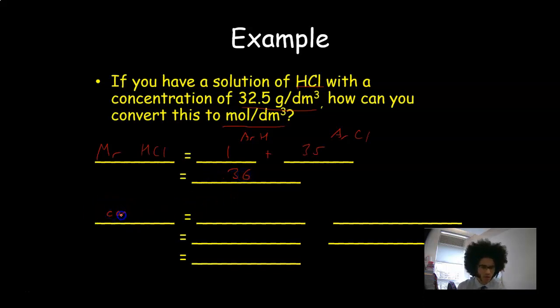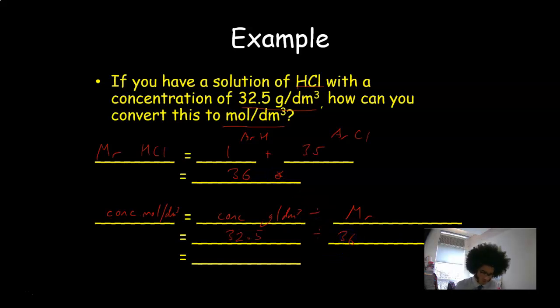Now I need to work out my concentration in moles per decimeter cubed, which is the concentration in grams per decimeter cubed divided by the MR. So you have to do the opposite, as I showed you before. The concentration I have is 32.5, and my MR is 36.